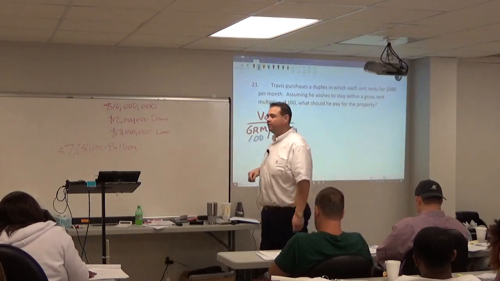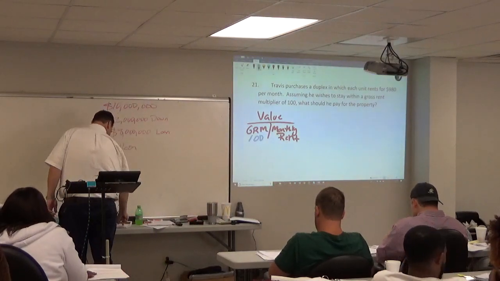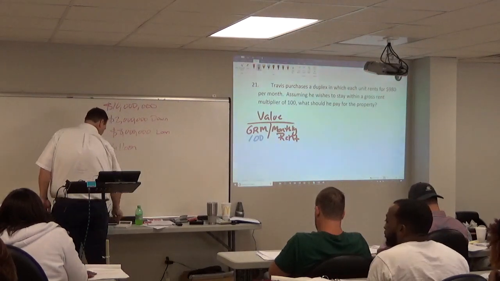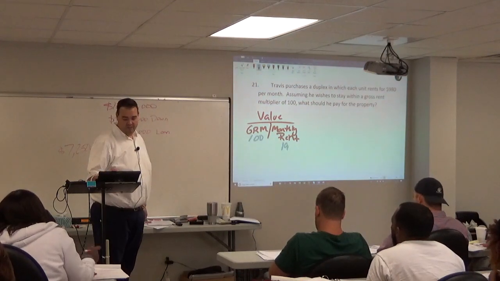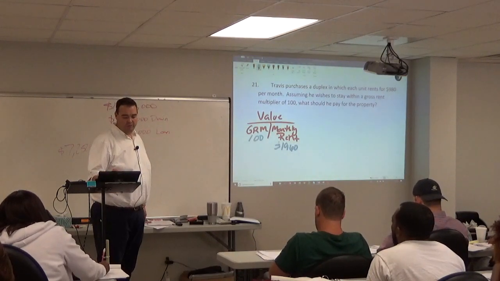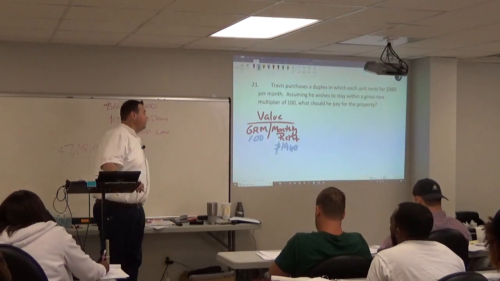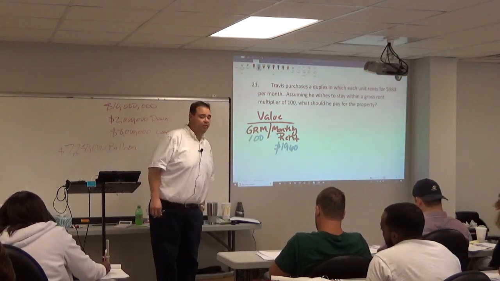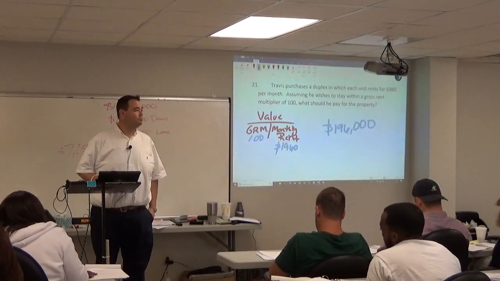Times 2. 980 times 2 is $1,960 monthly. Does everybody see where that number comes from? 2 units, they each rent for $980. Now can we calculate the value of the property? What is it? $196,000.